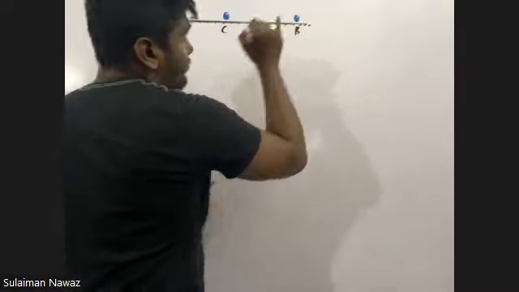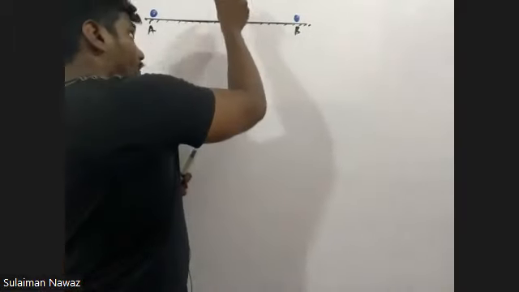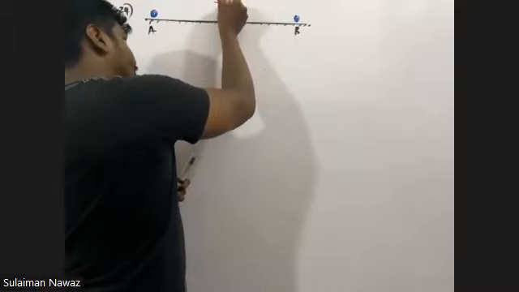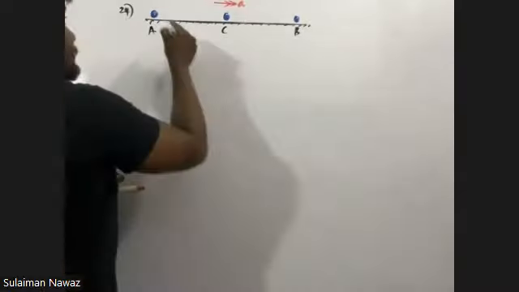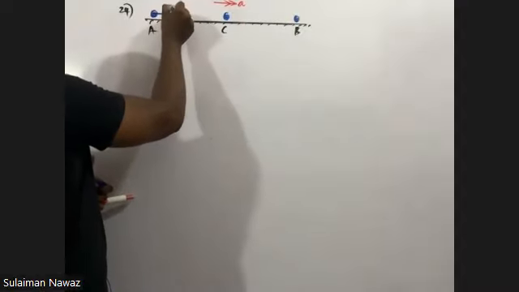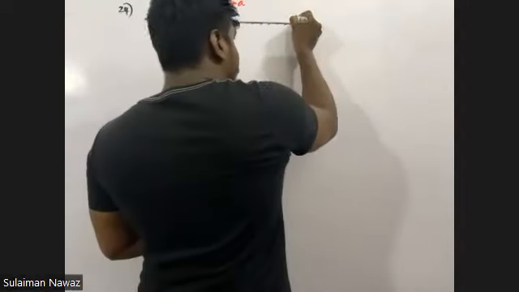This is point capital B. Now, what they mentioned in the question is that the particle moves with a constant acceleration from A to B. They haven't given the acceleration, so I denote acceleration as simple A. V1, V2 are velocities at A and B respectively. Velocity at point A is V1. Velocity at point B is V2.